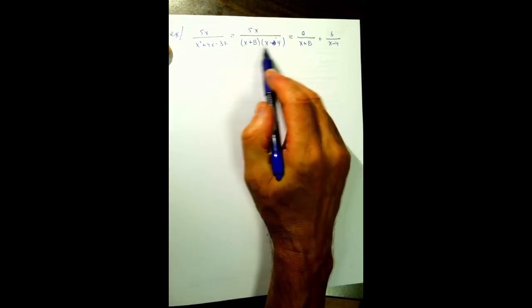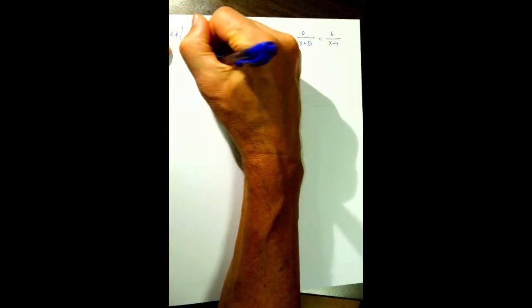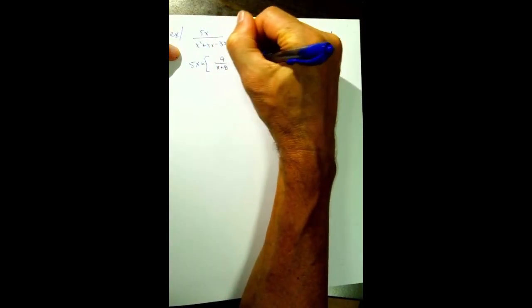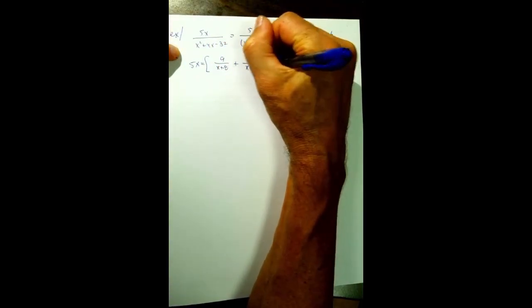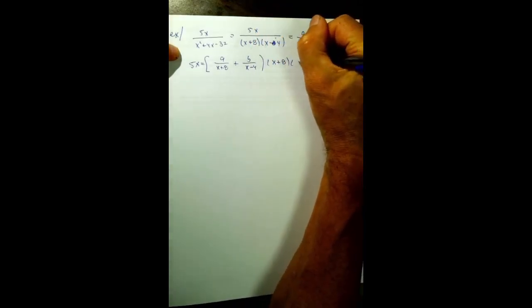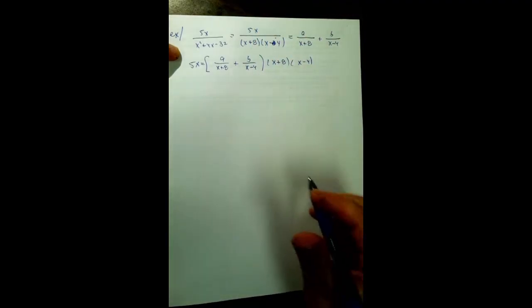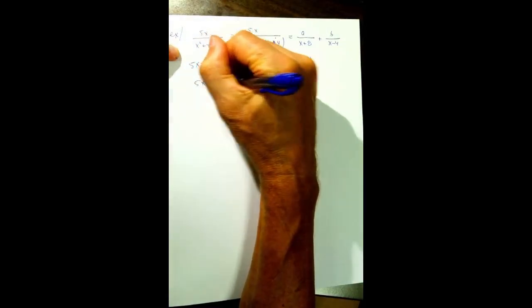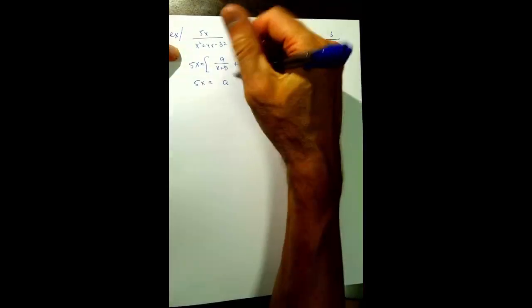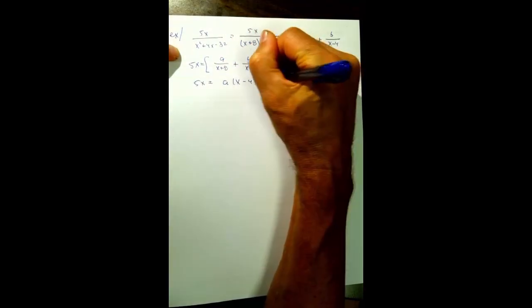So if I multiply both sides by the quantity x plus 8 times x minus 4, I get 5x. So what is this? This is a over x plus 8 plus b over x minus 4, multiplied by the denominator from the original left. So now when I multiply this through, the x plus 8's cancel. I get an x minus 4.